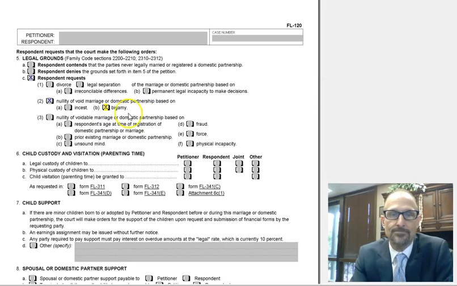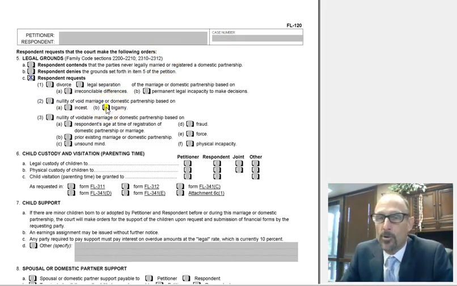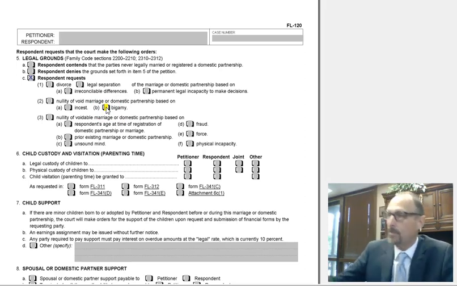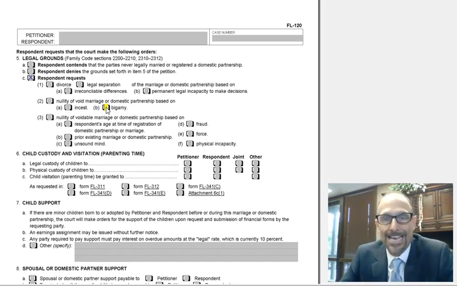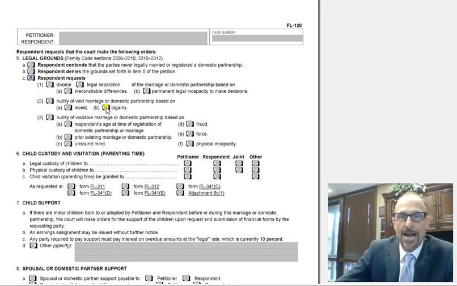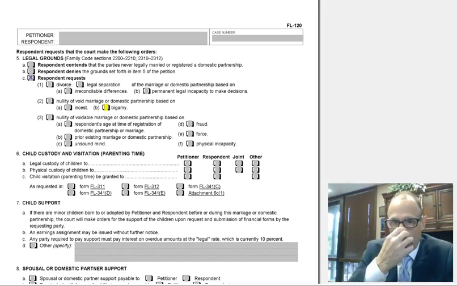Now look at number 3. Number 3 lists nullity of a voidable marriage or domestic partnership based on respondent's age being too young to get into that kind of a contract, under 18.